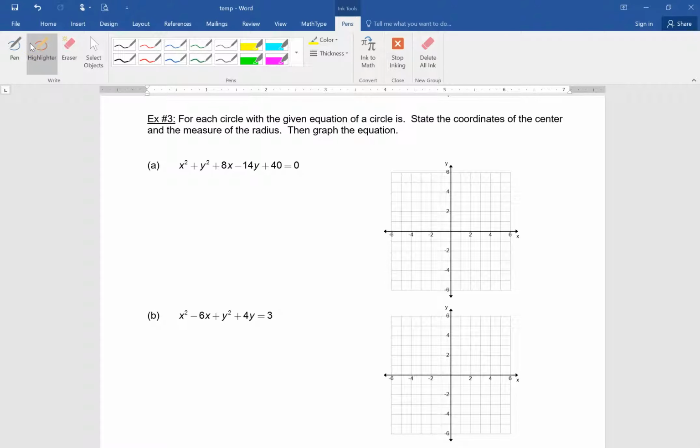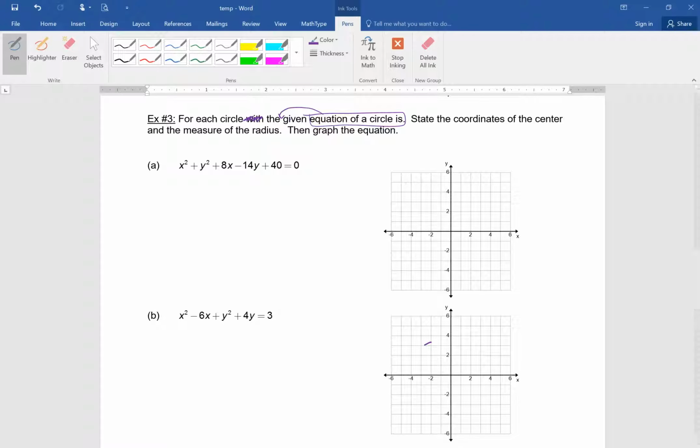For each circle, it should say, the equation of a circle is given. All right. State the coordinates of the center.